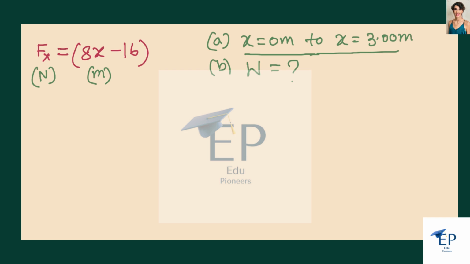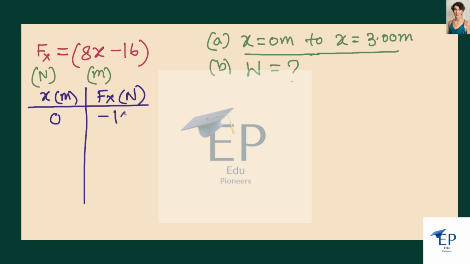So first let me build a table. The first column is x in meter, the second column is Fx in Newton. From this equation, when x equal to 0, Fx equal to minus 16.